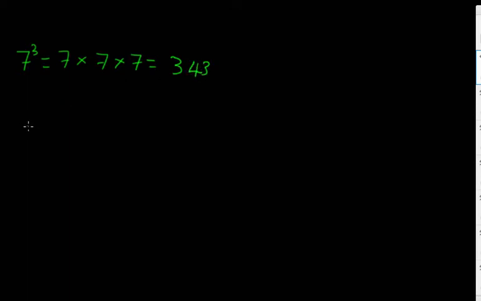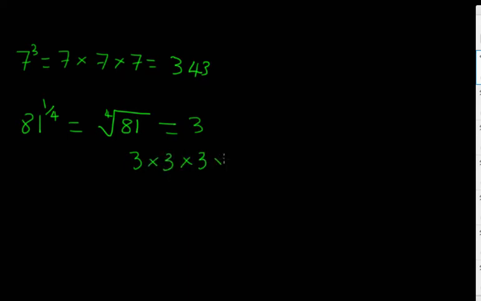343. Now let's think of 81 to the power of a quarter. What does this mean again? Well, this is the same as the 4th root of 81, and that would be 3, because 3 times 3 times 3 times 3, 3 to the power 4, is 81.